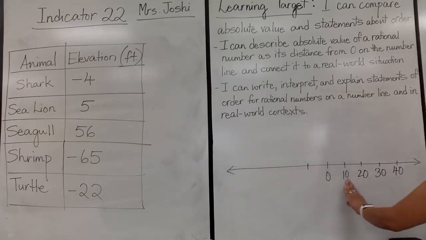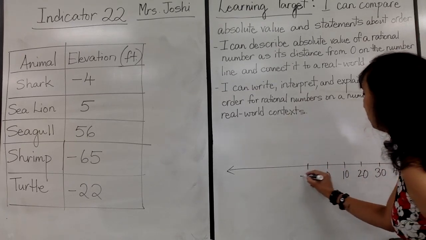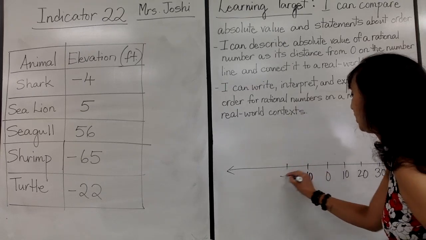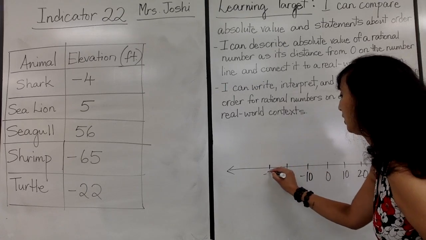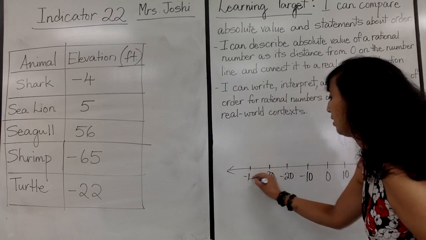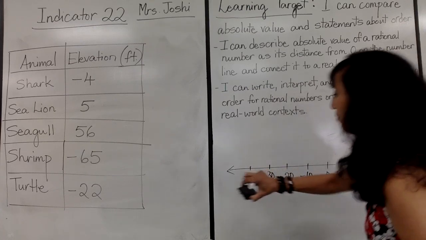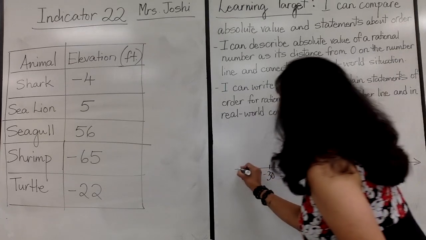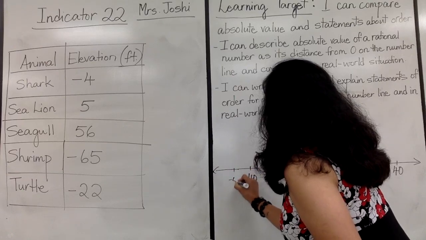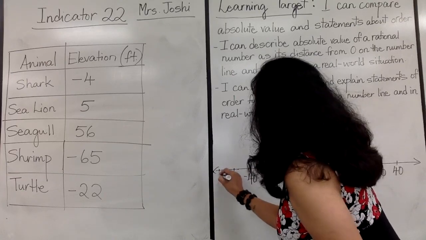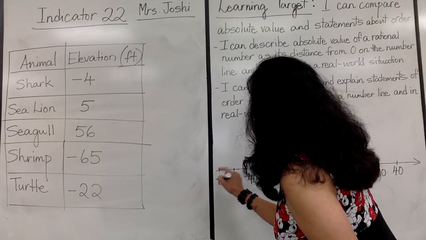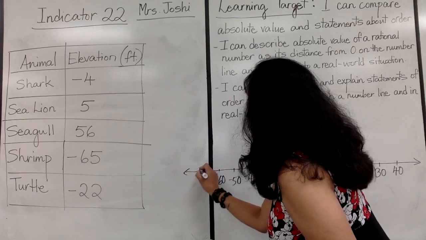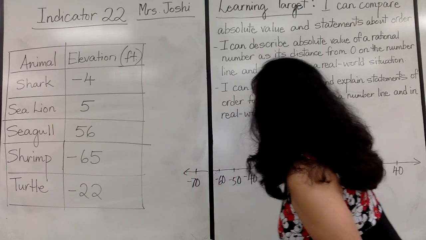Now remember, this side is the reverse of this side because it's like a mirror. 0 is your mirror, so negative 10, negative 20, negative 30, negative 40, negative 50, negative 60, negative 70.